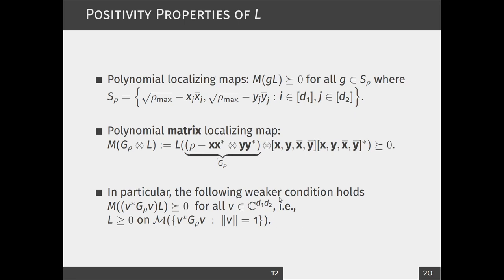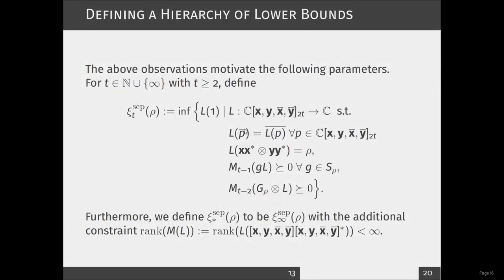So, inspired by these properties of L, we can now get traction on the problem, because we can now have a hierarchy that tries to capture L of 1, because it's supposed to represent the separable rank of rho. And we can encode all the properties of L, but we truncate it to polynomials of degree 2t.